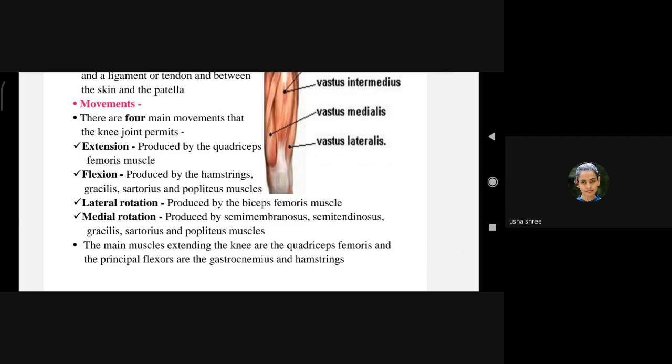Just now we have studied that the hamstring is located at the back side of our upper leg, and gastrocnemius is located at the back side of the lower leg. You can see it is very developed in the case of football players. Gastrocnemius muscle, we all can see in our lower leg very easily. It is at the back part of the lower leg.